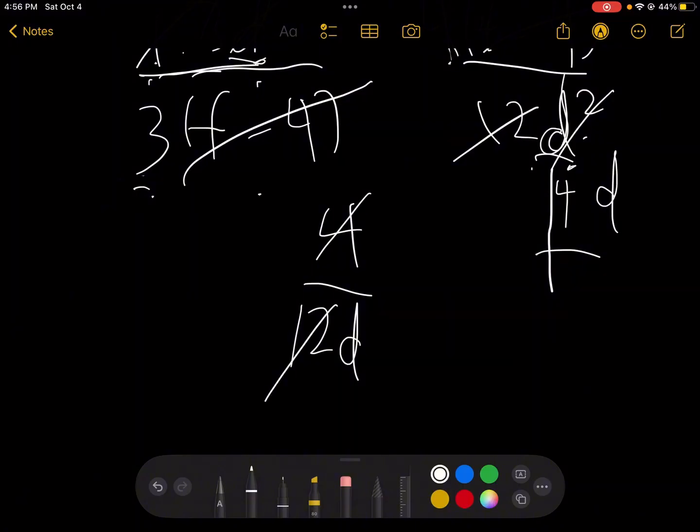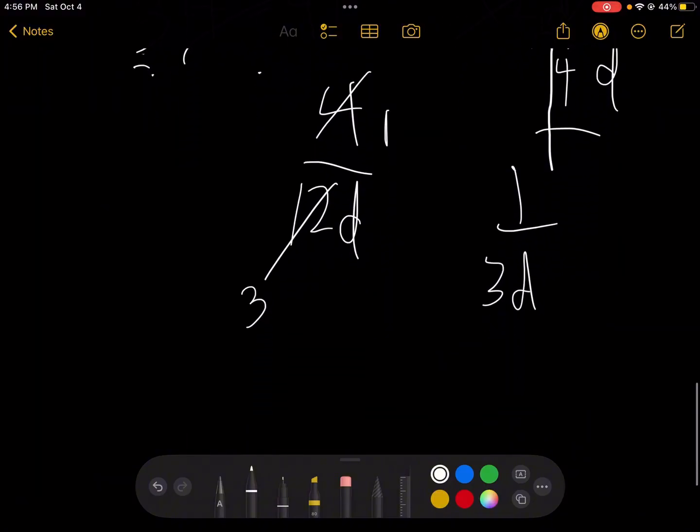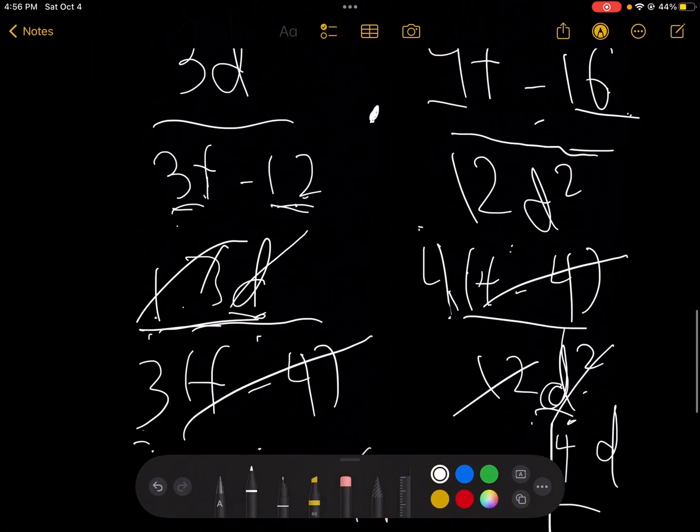So now what would be left is 3, and this would be 1. Now, the actual final answer is 1 over 3d. Yay, we won. Now we're done with multiplication.